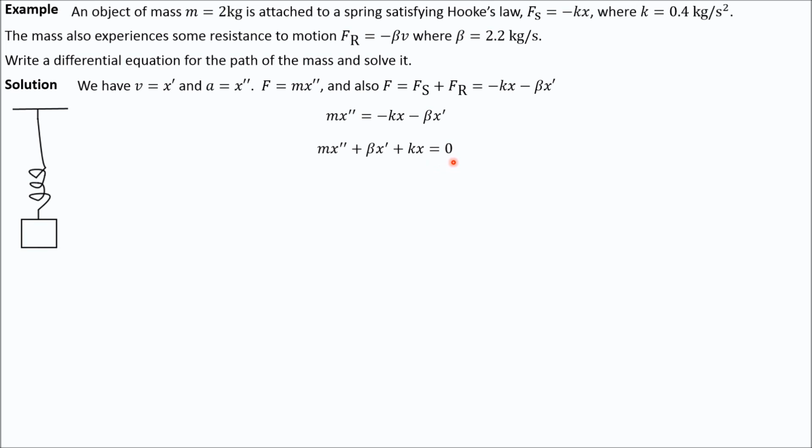Notice, by the way, that x depends on time. We are interested in how this object moves. So suppose we were to pull it down and then release it, we could expect the spring to cause the object to oscillate up and down.